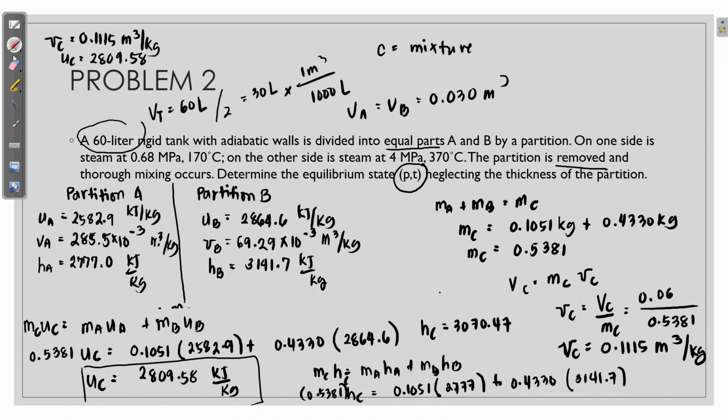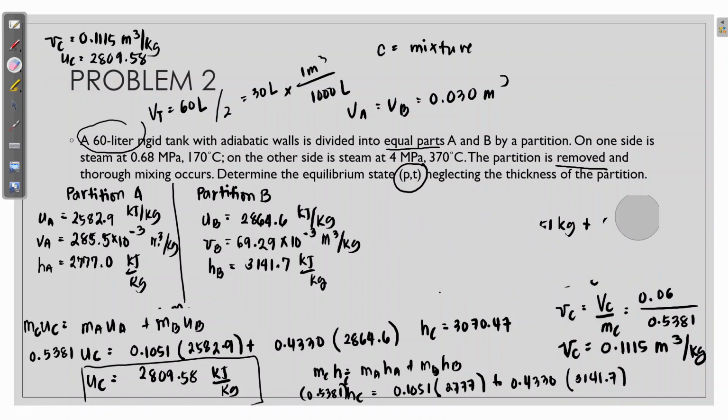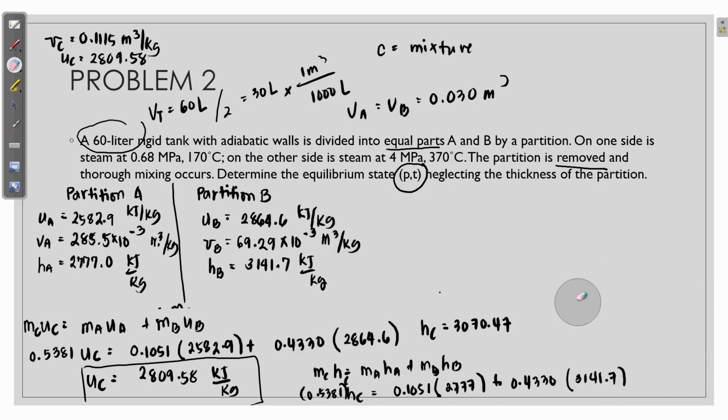Makukuha natin yung pressure if naalala nyo. Okay? Yung formula ng enthalpy, which is H is equals to PV plus U, or U plus PV. So, meron tayong specific enthalpy na 3070.47. Okay?